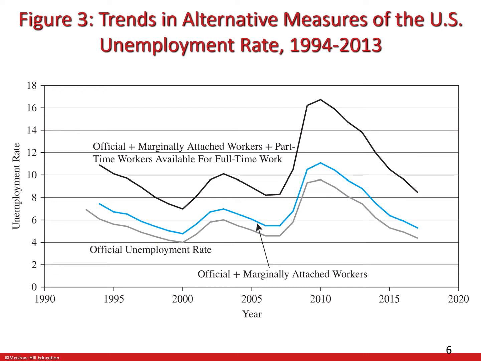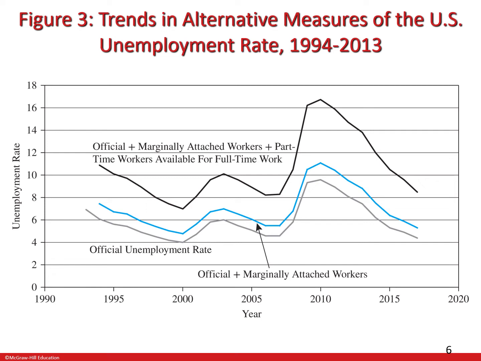The Bureau of Labor Statistics publishes an alternative unemployment rate that includes in the pool of unemployed any marginally attached persons who are currently neither working nor looking for work, but indicate that they want and are available for a job and have looked for work sometime in the recent past.